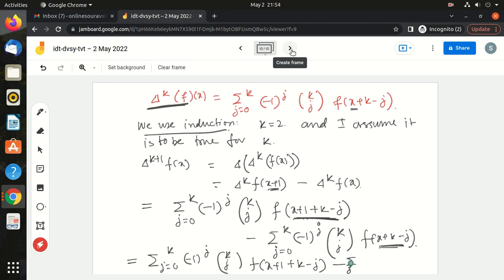I'm going to write it as minus 1 whole to the power j plus 1, and this is going to be f of x plus 1 plus k minus j minus 1.